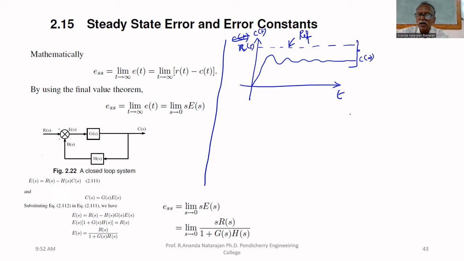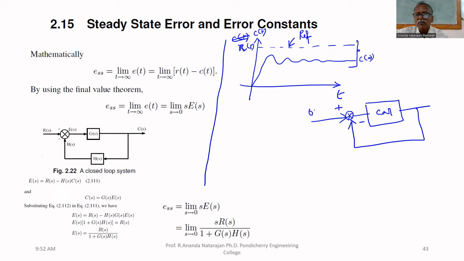Let us take the car example. We are controlling by a closed loop. The reference speed is 60 km per hour. The final speed, even if you give full throttle, reaches only 58 km per hour.